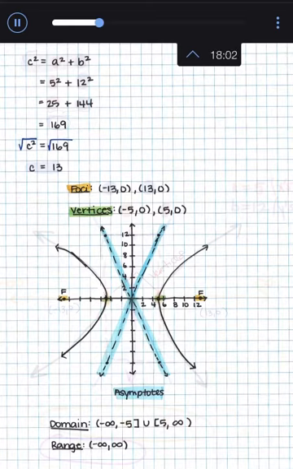So, because our a is 5, we'll go left and right, 5 on the x-axis, and those will be my vertices. So those two will be my vertices, going from the center at (0, 0).